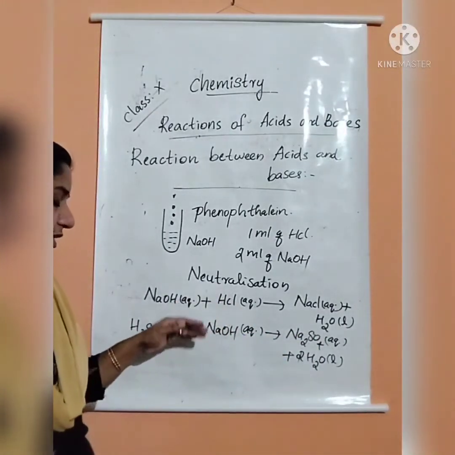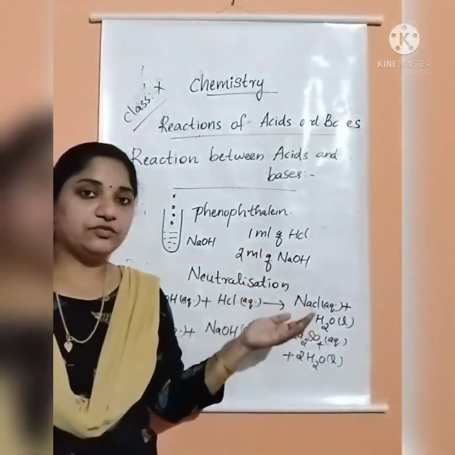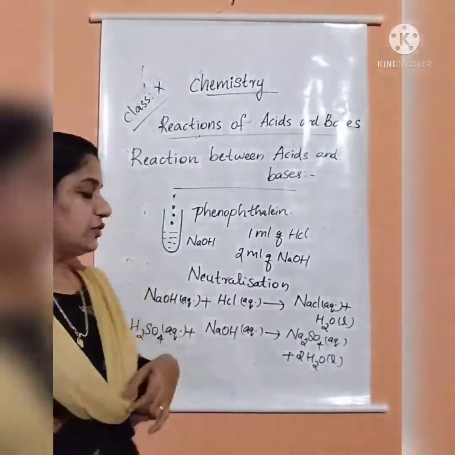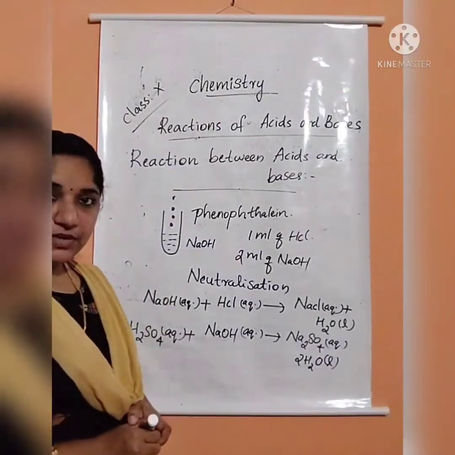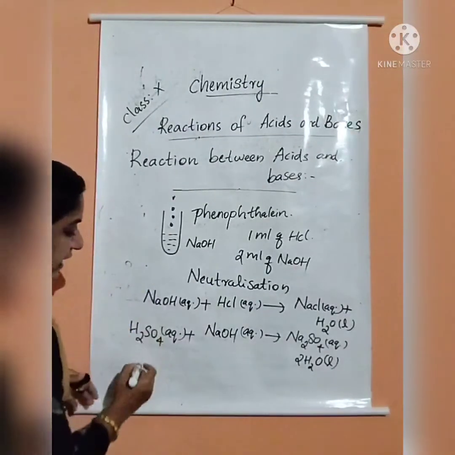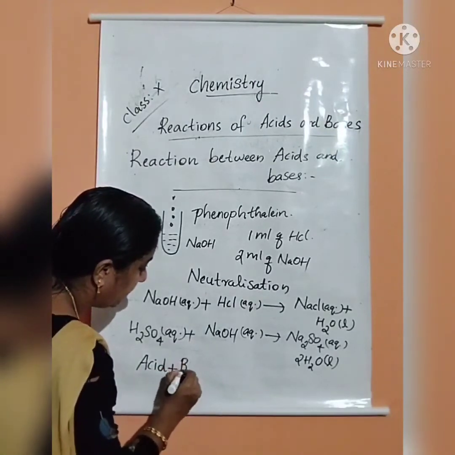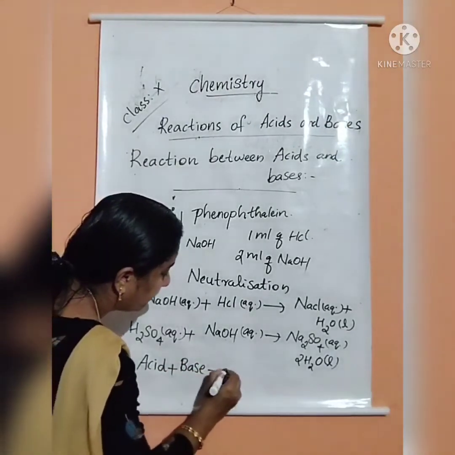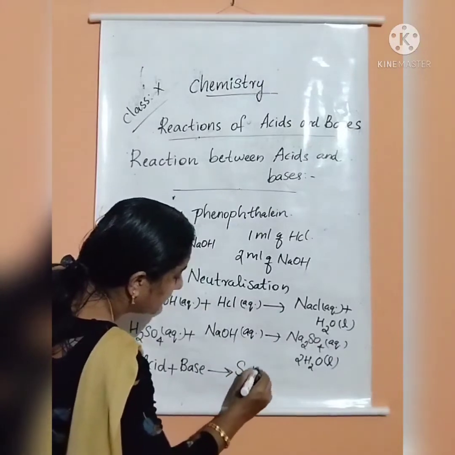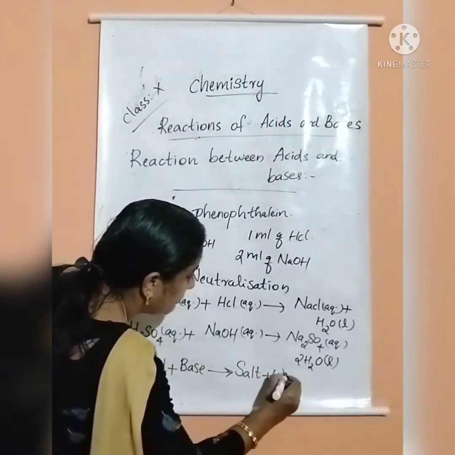Here also we can see that when an acid reacts with a base, it forms salt and water. So children, we can summarize the equation as: when acid reacts with the base, it forms the corresponding salt plus water.